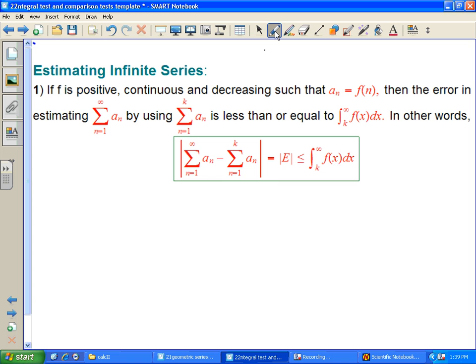It's right here. Okay, this is a really neat theorem because it tells us basically that.